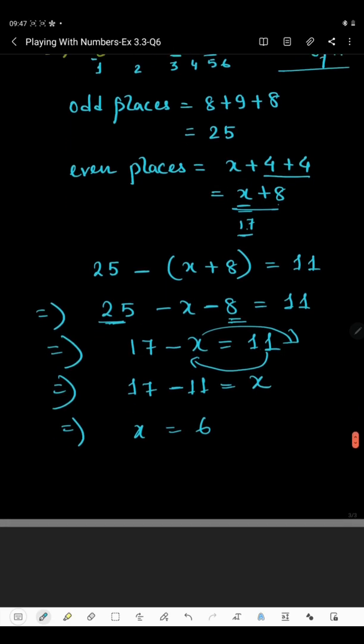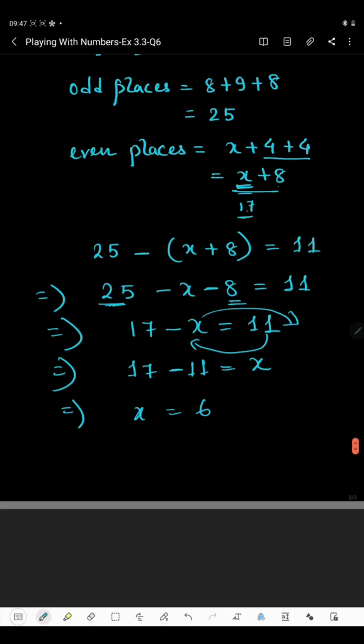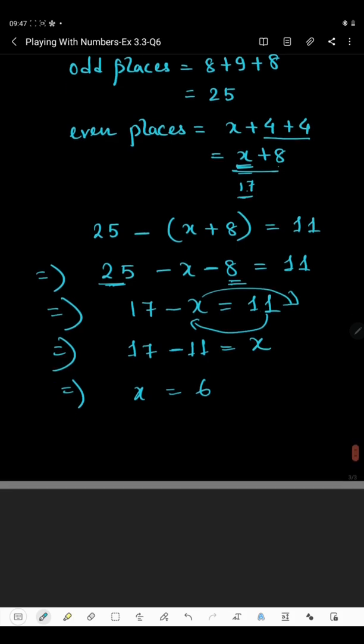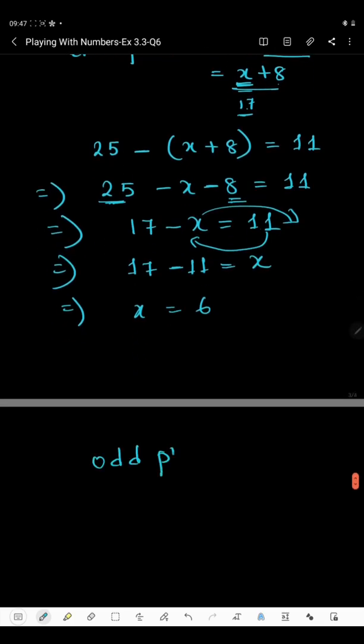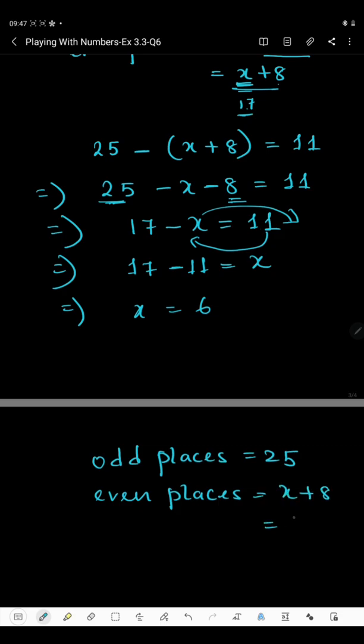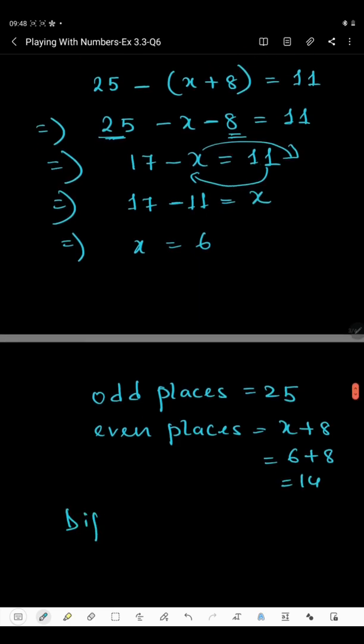Now if you want to check, put the value of x as 6. The sum of the digits at odd places is 25, and at even places we have x plus 8, so 8 plus 6 is 14. The difference, 25 minus 14, is 11, and 11 is divisible by 11, so the answer will be 6.